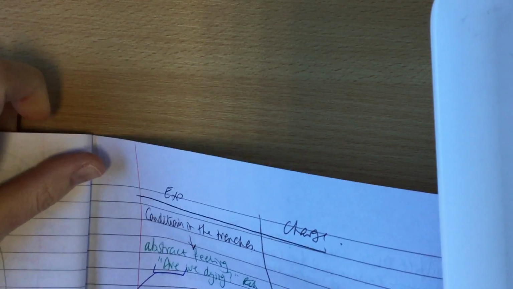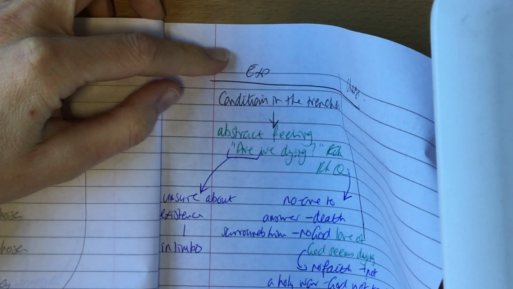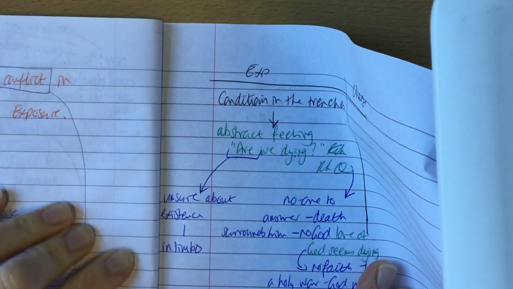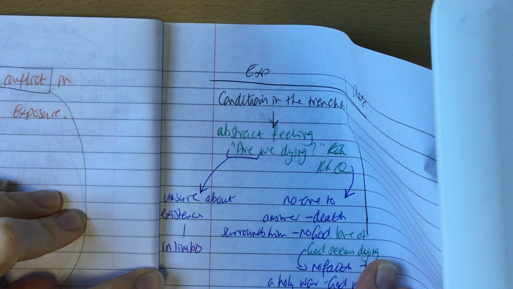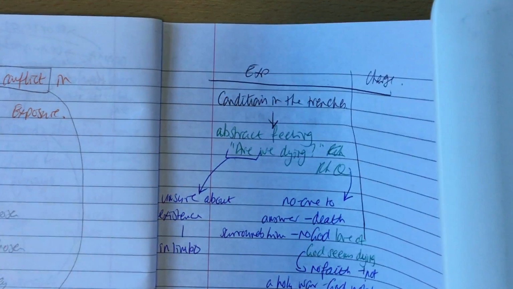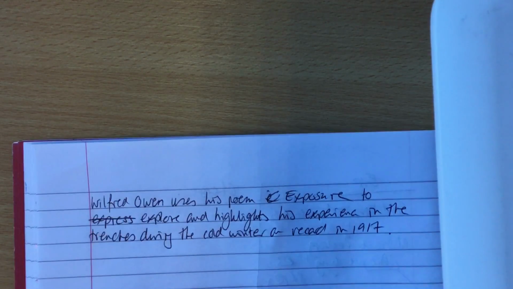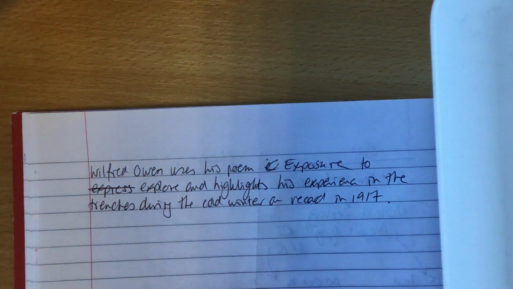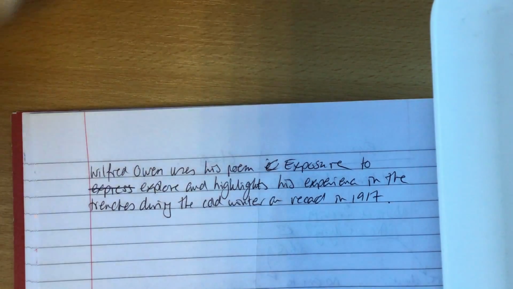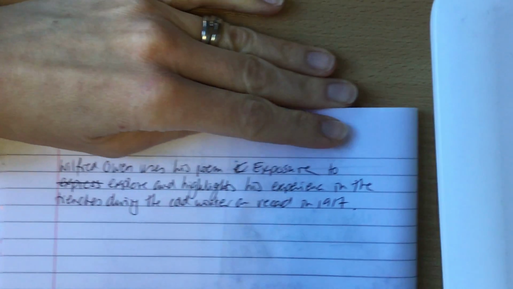So the how bit. The how bit was abstract feelings, unsure about existence, no one there to answer the death, because it's the rhetorical question. Okay, so let's talk. He finishes every stanza with kind of a question, doesn't he, or a statement. So this is the how bit.